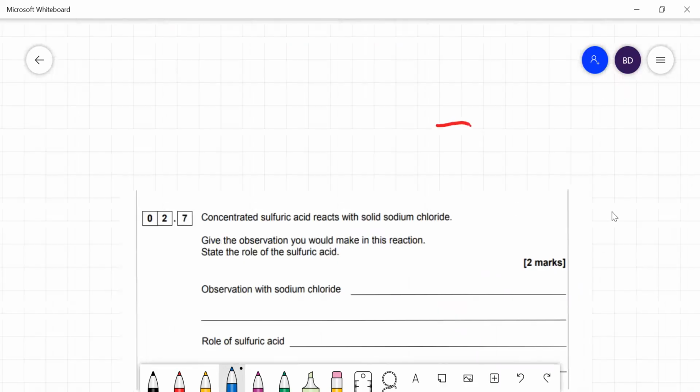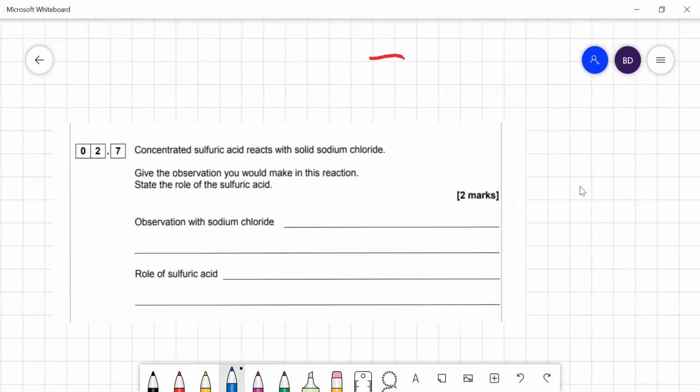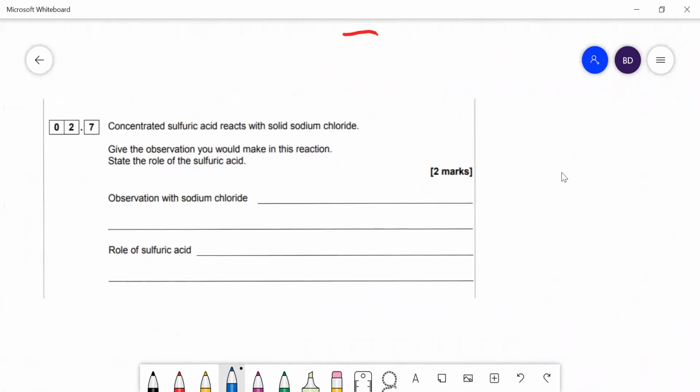Concentrated sulfuric acid reacts with solid sodium chloride. Now, when you add conc sulfuric to sodium chloride, you can't oxidize chloride ions to Cl2. It's not a strong enough oxidizing agent to do that. It can oxidize bromide ions and iodide ions, but not chloride ions.